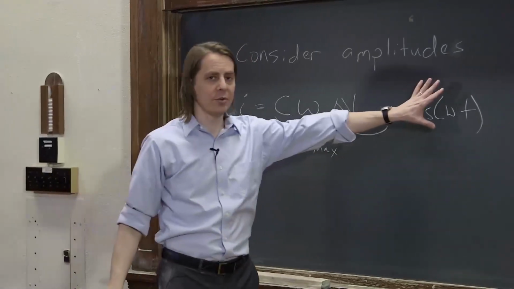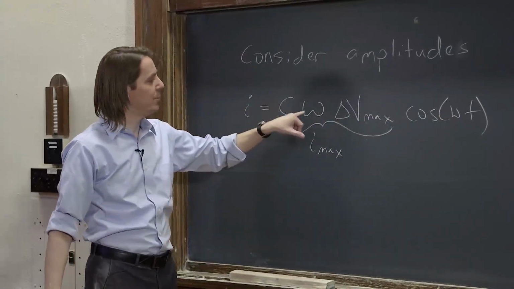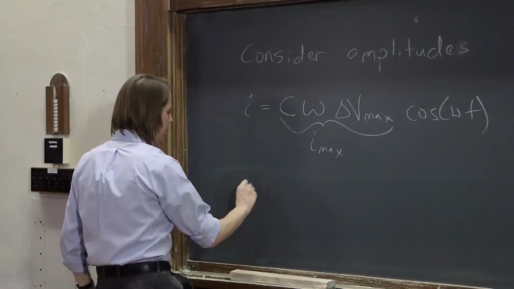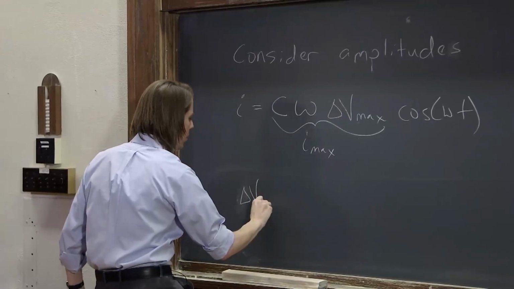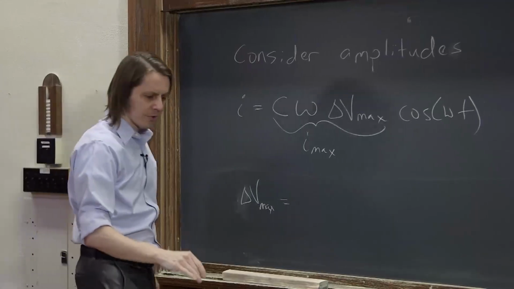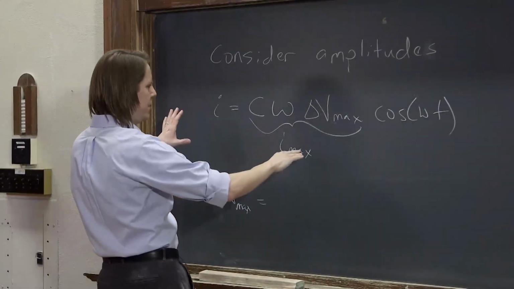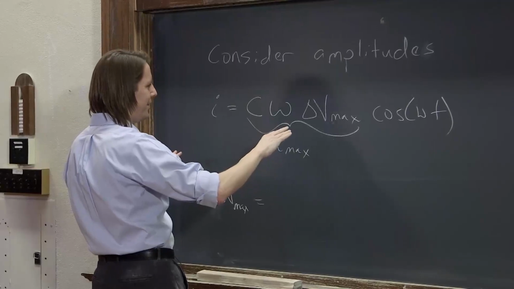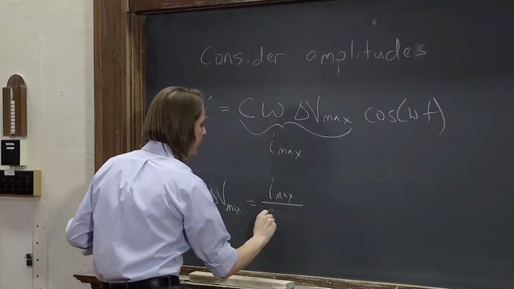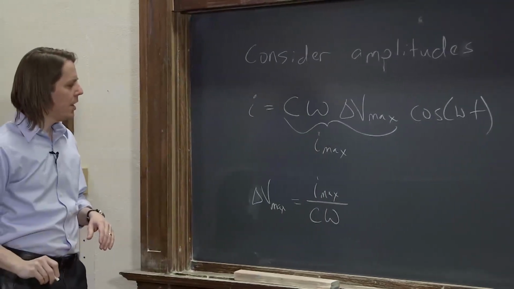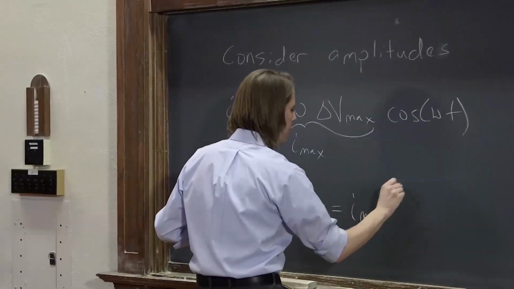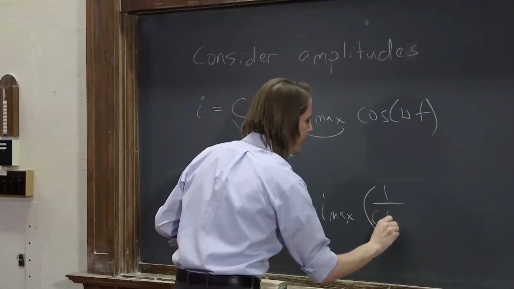It's a sinusoid with an amplitude C omega delta V max. So we could also write delta V max, the amplitude of the voltage that you apply, equals I max over C omega. So that kind of looks like Ohm's law, right? It equals I max times 1 over the capacitance times omega.